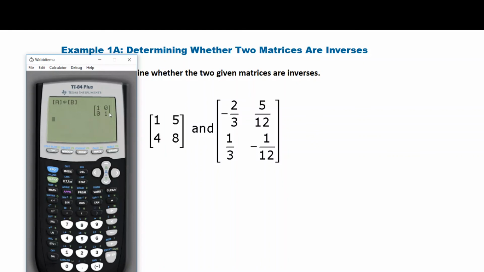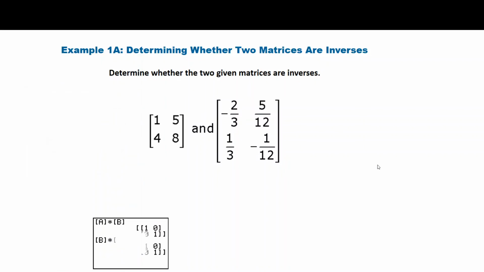And sure enough, 1, 1, that gives us the ones on the diagonal, zeros out here. So that tells us that these are inverses of each other, because when they multiply together, you get the identity matrix. And the product is the identity matrix, so the matrices are inverses.